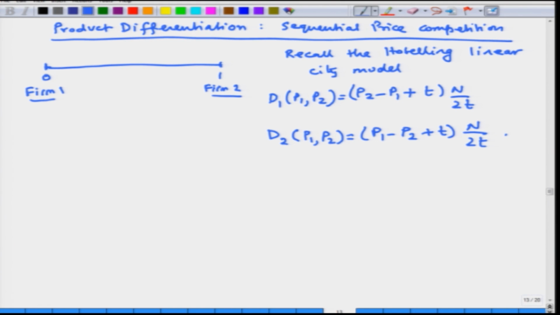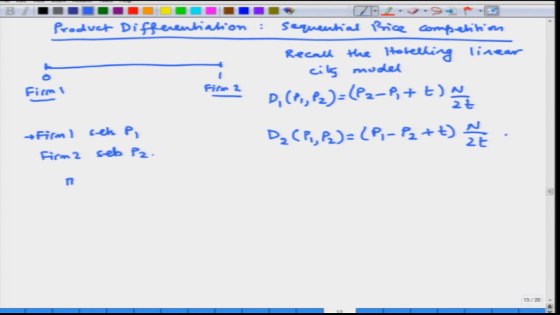So, firm 1 acts first. Firm 1 sets P1 and then firm 2 sets P2 after observing P1, and the way we would solve it again is by backward induction. We look at what firm 2 is going to do, find firm 2's best response function, which we already know because we have already solved for it under Hotelling's linear city model.